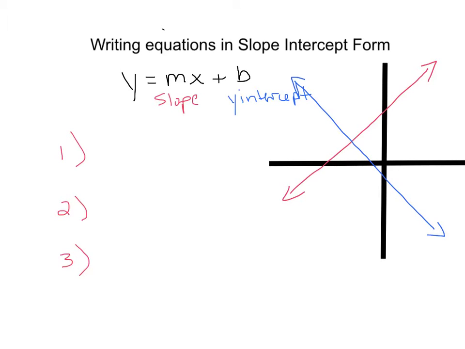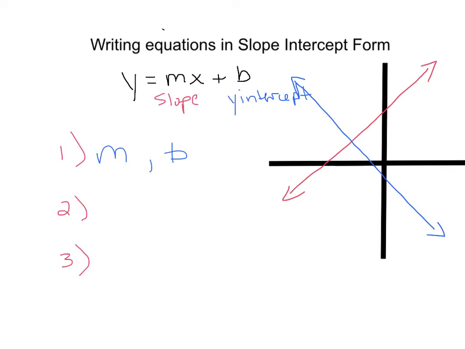In general, there are three different ways that we can be given problems where the goal would eventually be to turn it into y equals mx plus b form. So the first type of problem is if we are given a slope and we are given the y-intercept. Now that might be within a line, or it might just be slope is this and y-intercept is this.